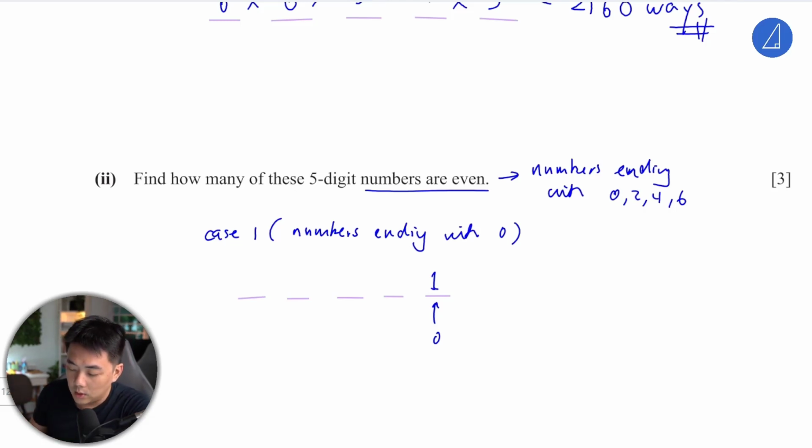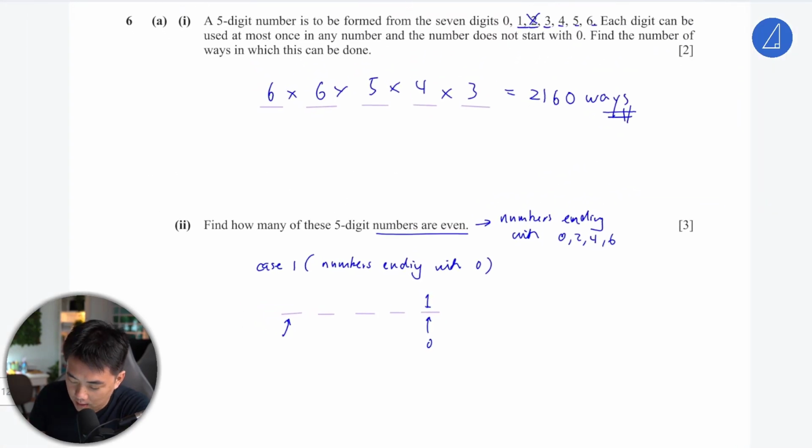Here I can put digit 1, 2, 3, 4, 5, 6, so I have 6 choices here. Subsequently I have 5, 4, 3. So this case here, what I'll have is 6 multiplied by 5, 4, 3, which is 360. Okay, case 1 I have 360.